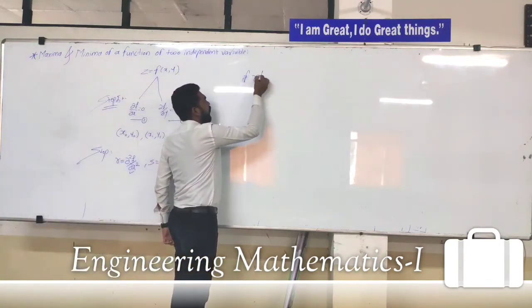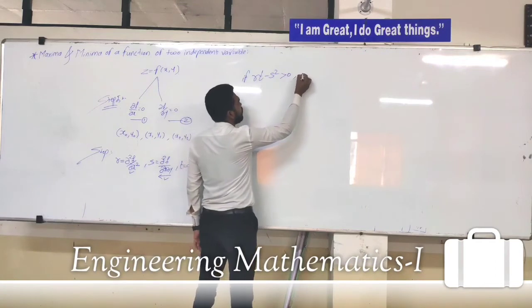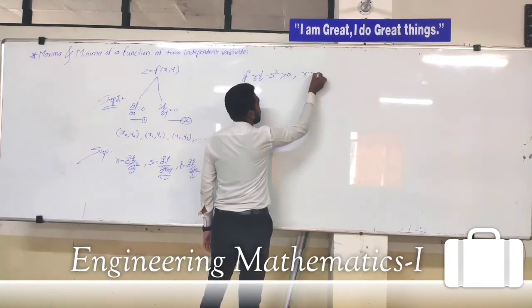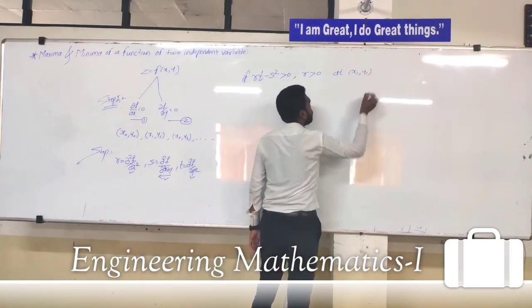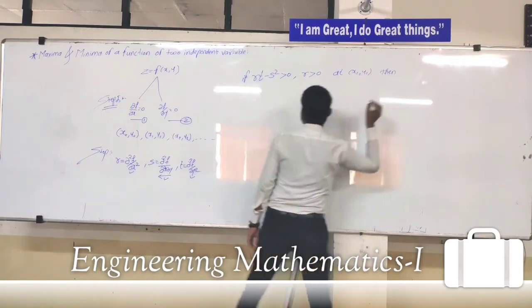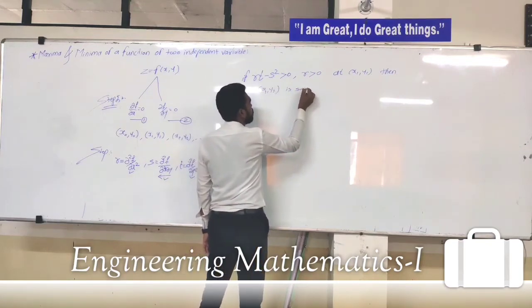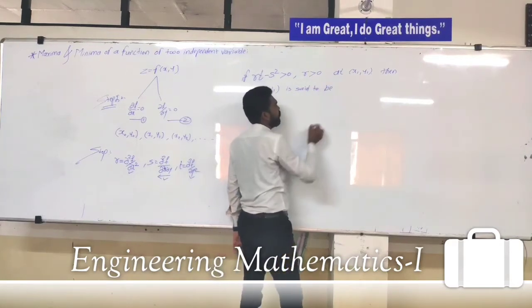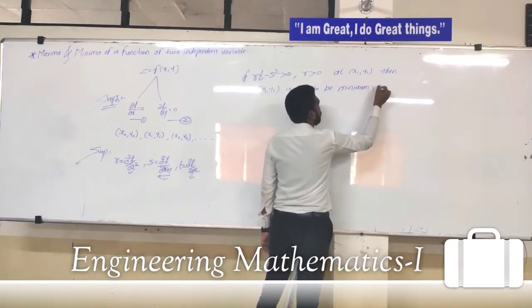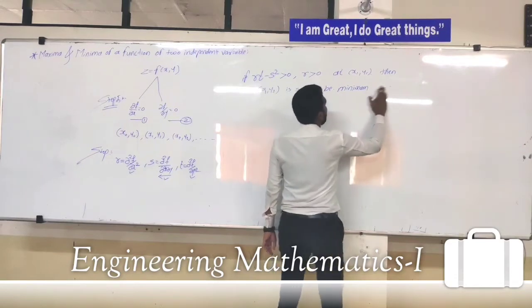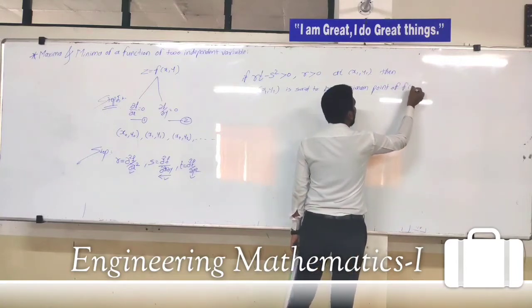If the value of r t minus s square is greater than 0 and r greater than 0 at x1 y1, then x1 y1 is said to be a minimum point of f of x y.